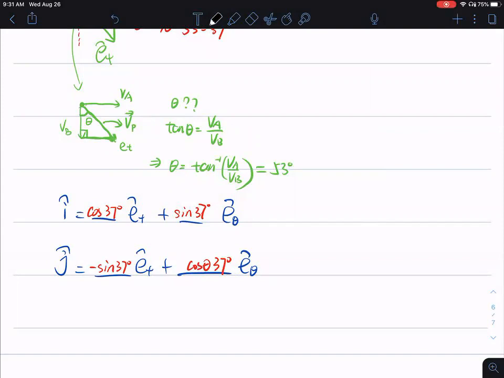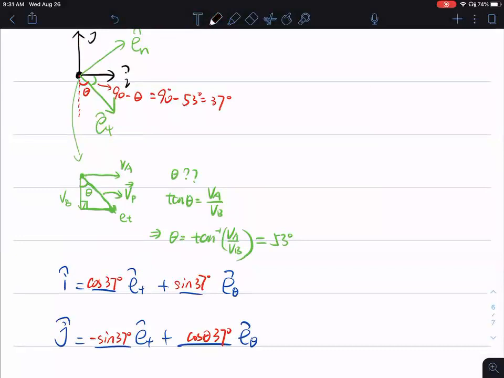Okay, this is the answer I have. You can compare yours with mine. This is theta, which is 53. So another angle right there is 37. You could end up with different form like what I have here. Since I use that 37 angle here, that's the answer you would have.